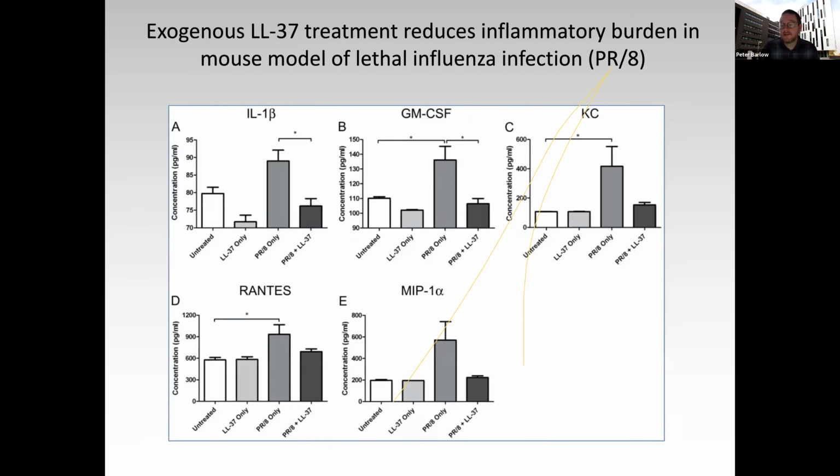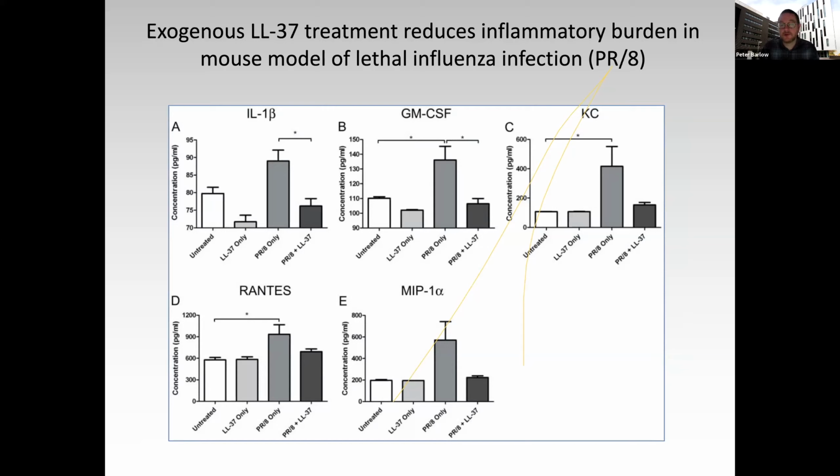We also tested this observation in mice with influenza, and we found exactly the same thing. When mice were infected with a lethal dose of influenza, the PR8 only treatment, in all those charts there, the concentrations of inflammatory cytokines substantially increased.